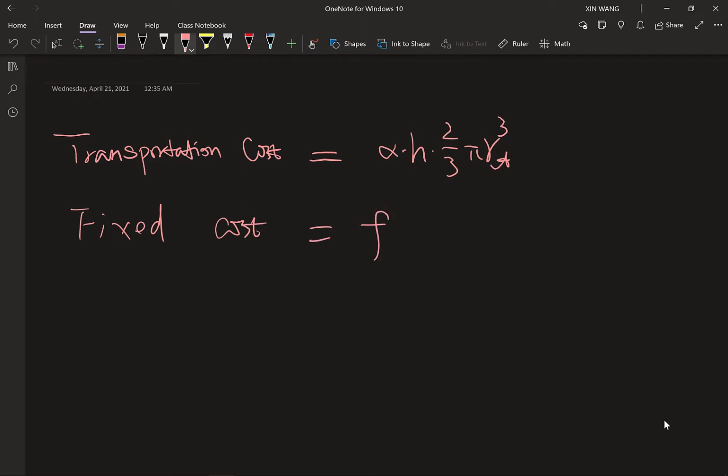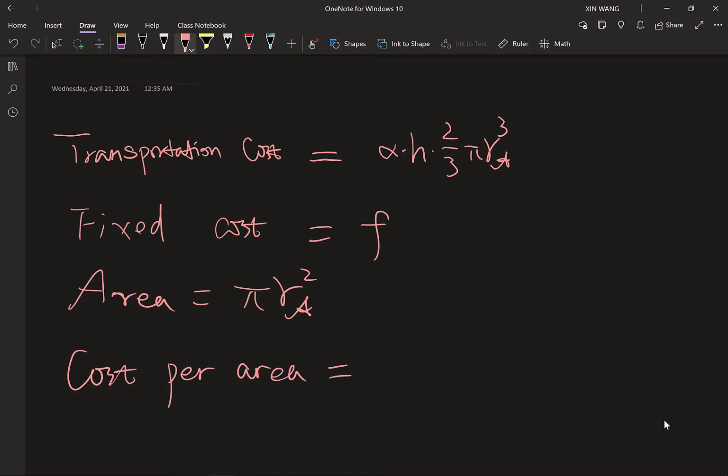We also know this circle has an area pi r squared. So this is the cost within a particular circle, that is, for the surface area of one facility. Since this is an infinite homogeneous problem, we need to convert the cost for each circle into the cost per area. This would be the fixed cost divided by the area, and also the transportation cost divided by the area.